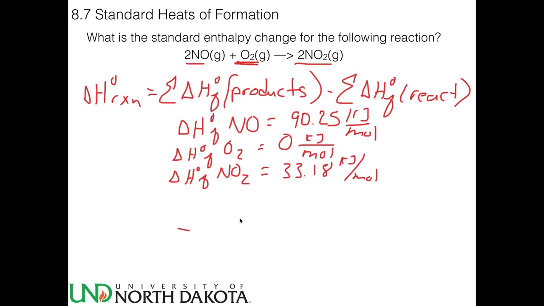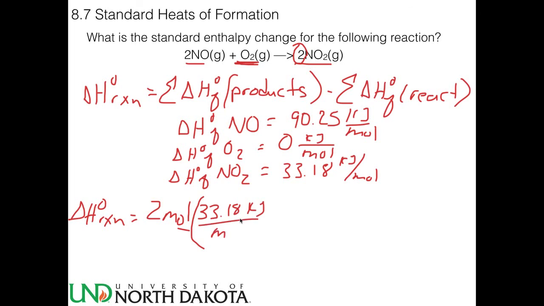Now, from the chemical equation, we have to multiply the enthalpies of formation by the coefficient of each reactant and product. And so, for instance, our product is NO2, and what we need to do then to solve for the delta H naught of the reaction is take 2 moles of NO2 from the coefficient here, and then multiply that by the delta H naught sub F of NO2, which is 33.18 kilojoules per mole.